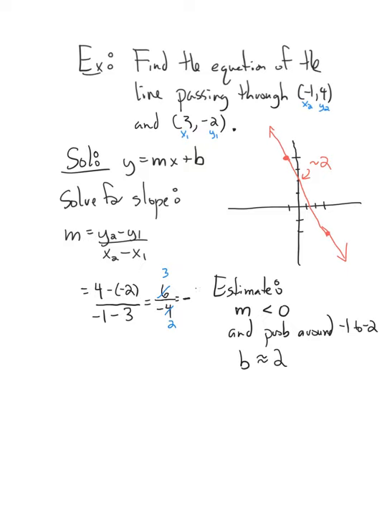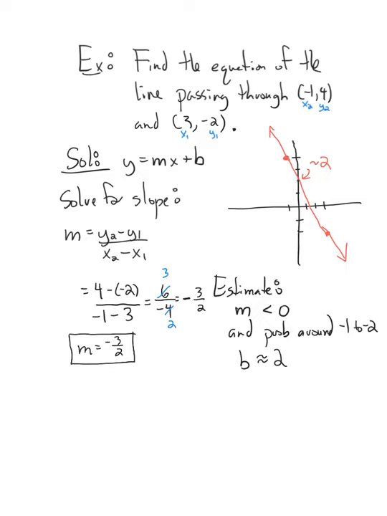So this has a slope of negative 3/2. Great, so m is negative 3/2. I'll put a box around that so it's pretty clear.